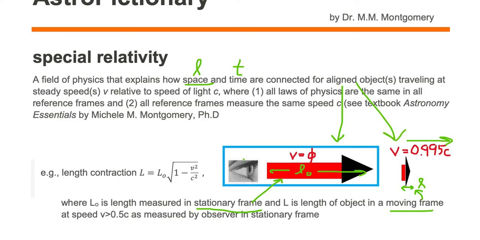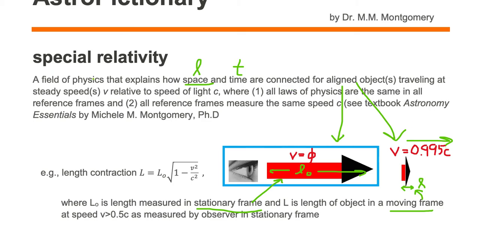Here's your eye, here's the length of the rocket in your stationary frame, so it's in a line, it's aligned, and then you're also looking at a rocket in space moving at 0.995 c. So everything appears in a line: the eye, the original length of the rocket, and the new length of the rocket moving at 0.995 c.